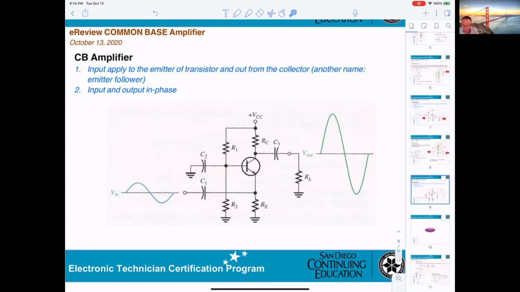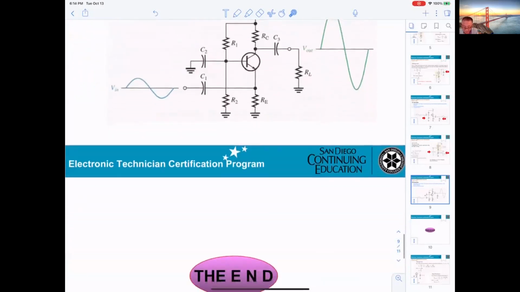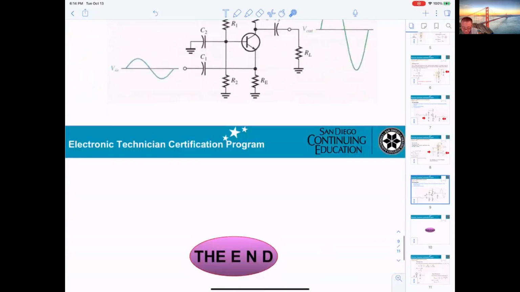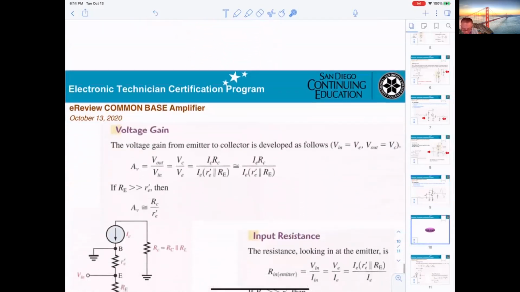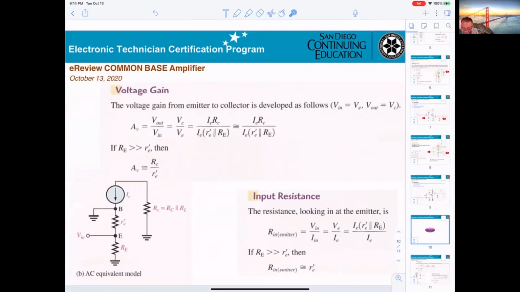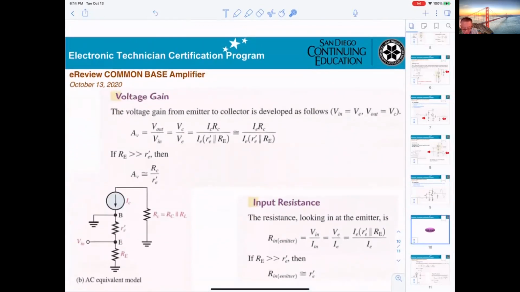What else on this slide here? This is, I put a wrong page. That's okay. This is what they just gave you: the formula to calculate the gain.